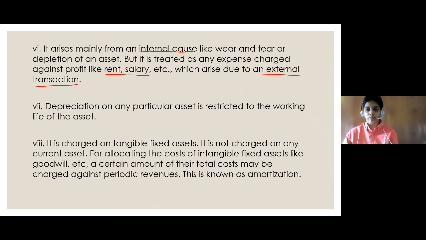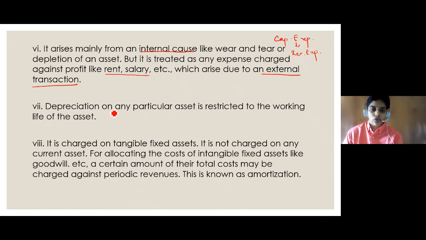In case of other expenses, you have an external party with whom you are doing that transaction, where you are receiving the benefit and you are paying a certain amount in exchange. Here, for depreciation, you're not paying anything. You've already paid, you have already done capital expenditure, out of which you are charging a certain amount as revenue expenditure. This point we had seen in the difference between capital and revenue expenditure, that capital expenditures are converted into revenue expenditures.